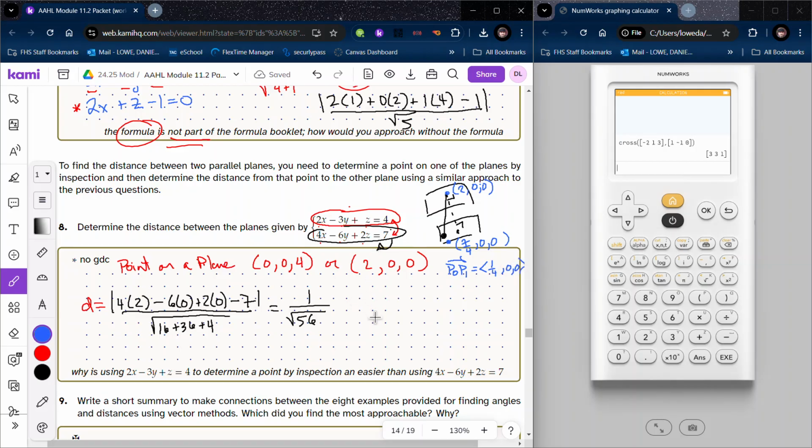And so I would have as well that that distance could be determined by my normal vector of my plane, which was 4, negative 6, 2, dotted with 1/4, 0, 0, which is the directionality from P0 to P1, all over the magnitude of the normal vector, which is still 16 plus 36 plus 4. And so that once again gives me 1 over the square root of 56.